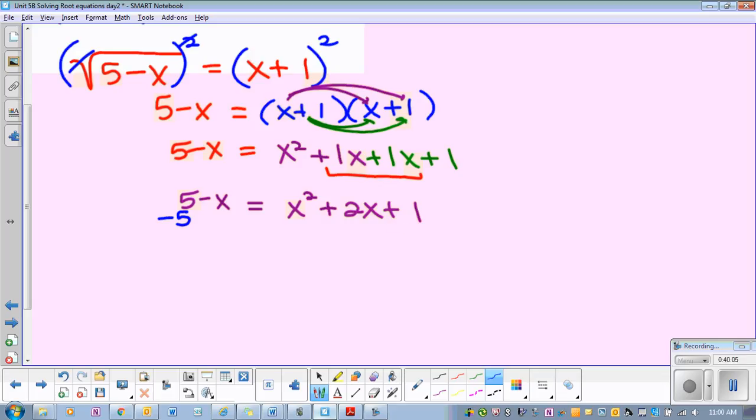Subtract that 5 out of there. And what do you do with this minus x? So then you have 0 equals x squared plus 3x minus 4.